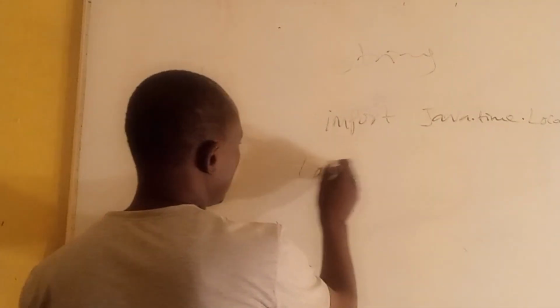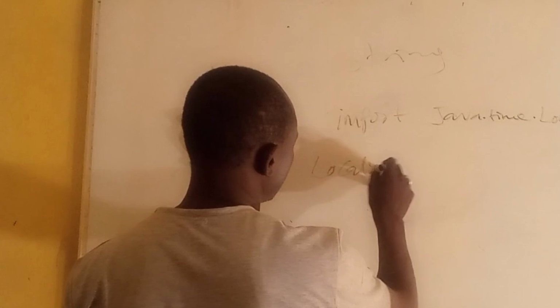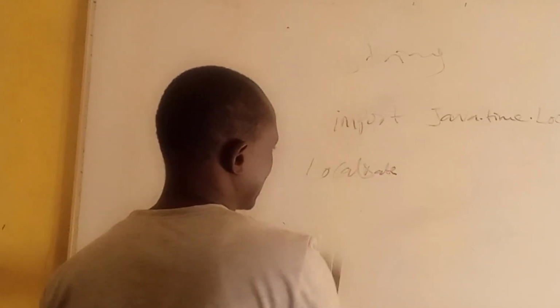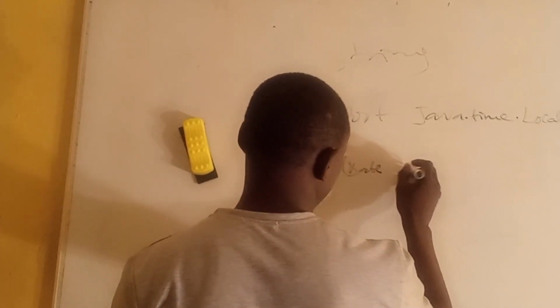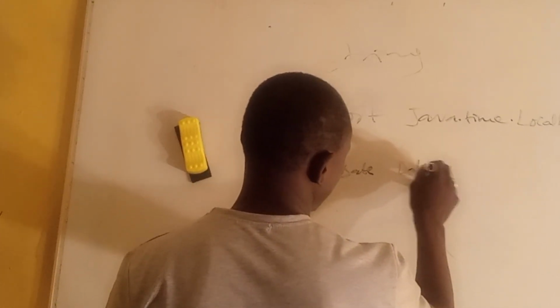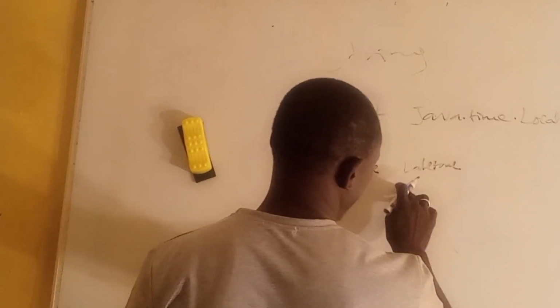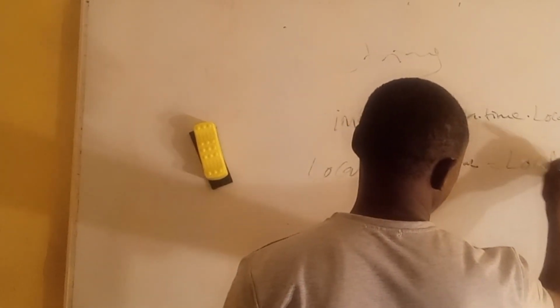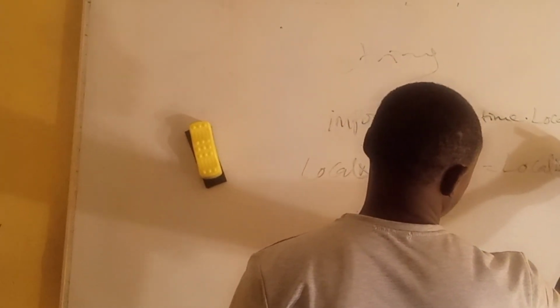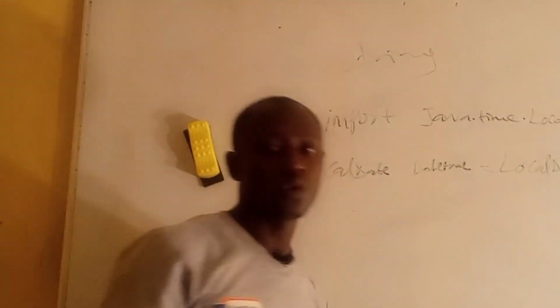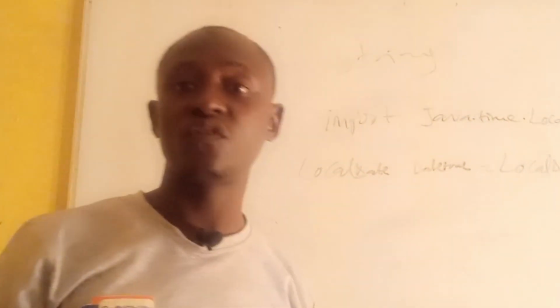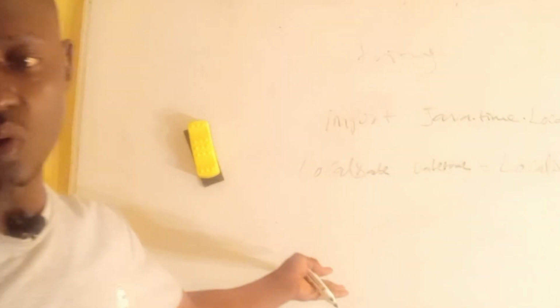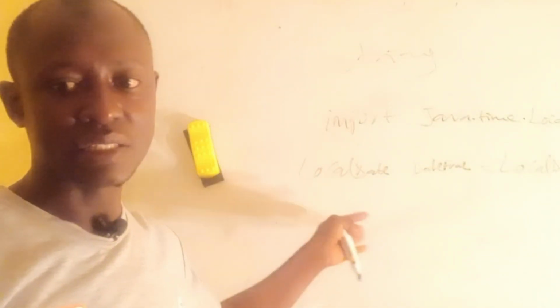You have your LocalDate, this is the data type. So you give it a variable, maybe date, time. This your variable is equals to LocalDate.now(). You open and close your bracket. With this, you can have your local date displayed on the screen, and you can also have LocalTime. You can declare to your LocalTime and what have you.